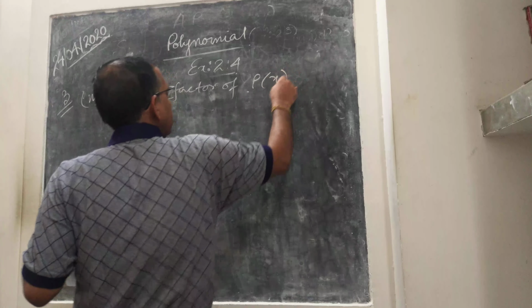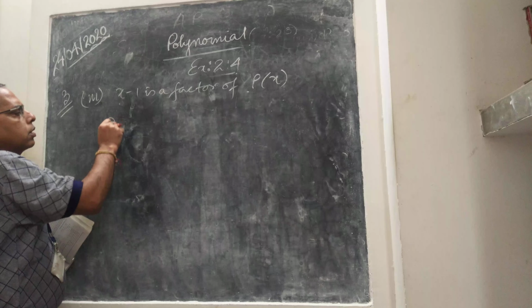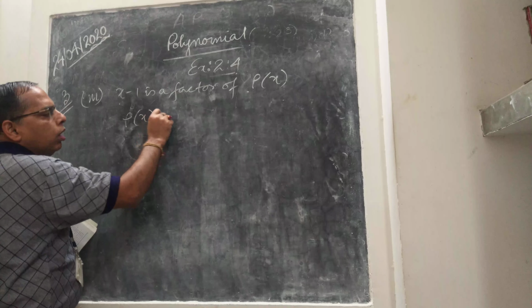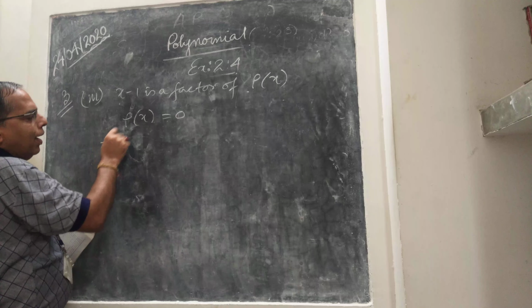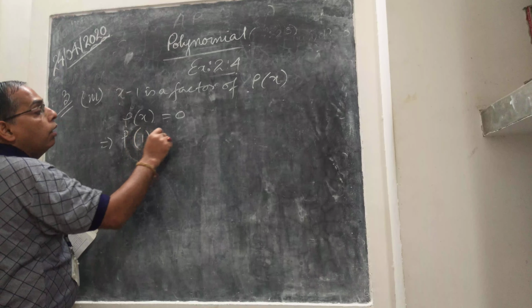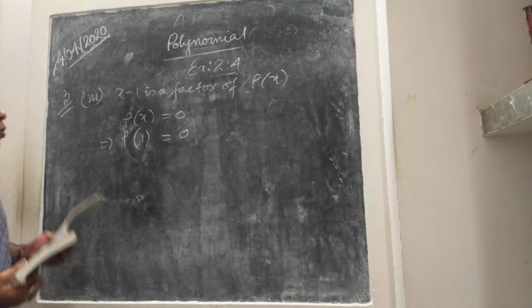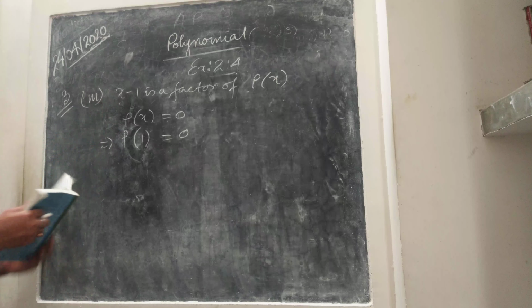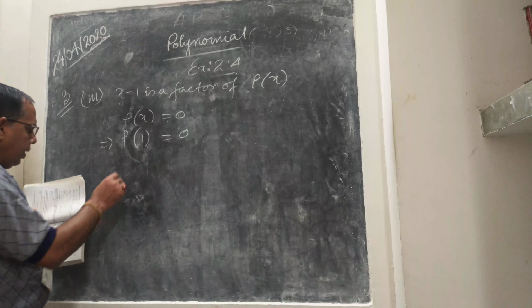That means px equal to 0 implies p of 1, for what value of x? It will be the 0 of the polynomial. Definitely 1, because 1 minus 1 equal to 0. Then you substitute the same value here.